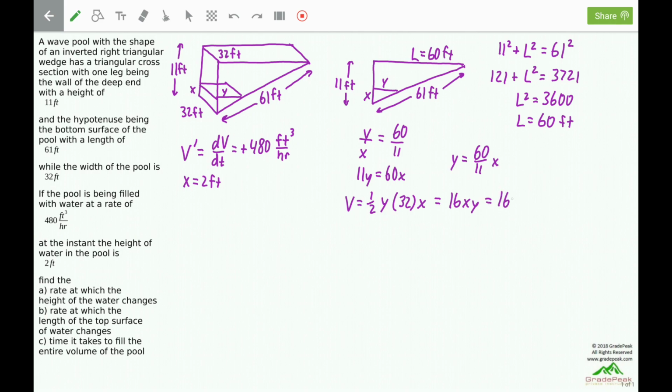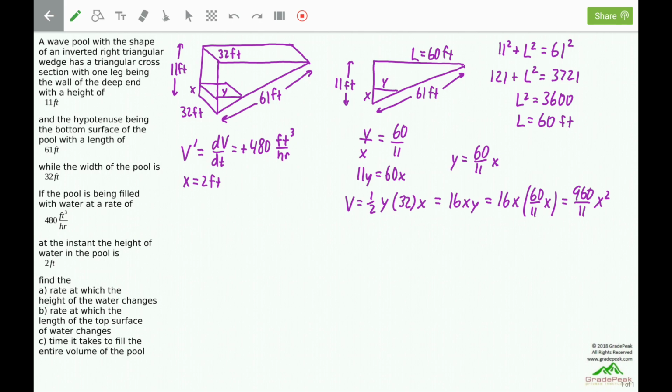So we have 16x times 60 over 11x. Sixteen times 60 is 960. So we have 960 over 11 x squared.